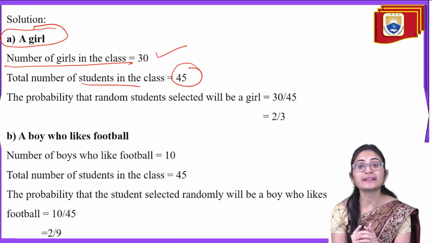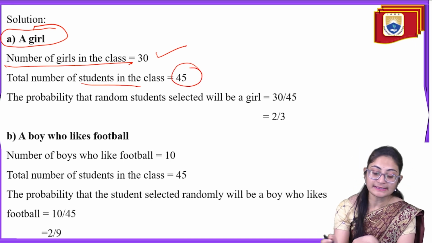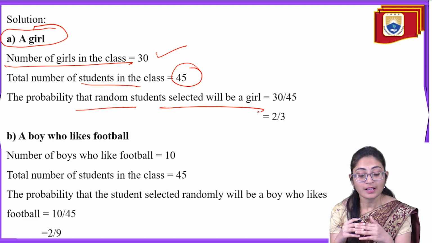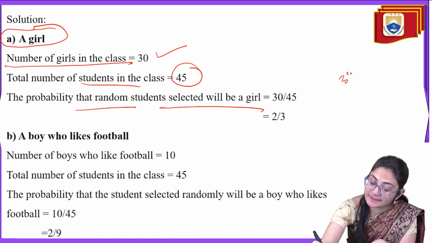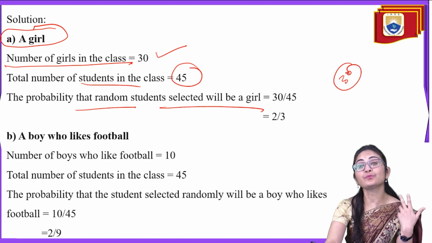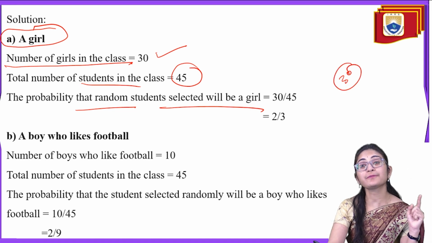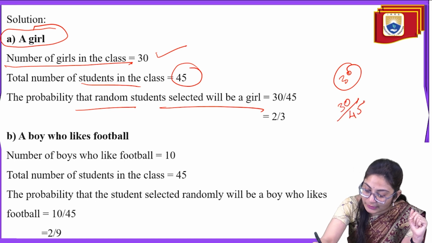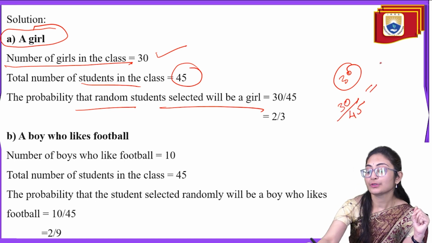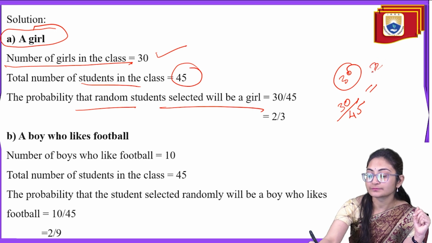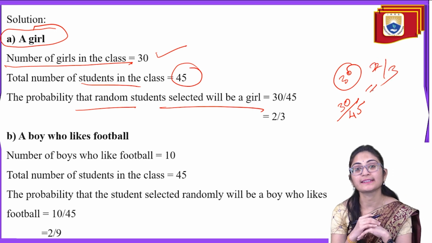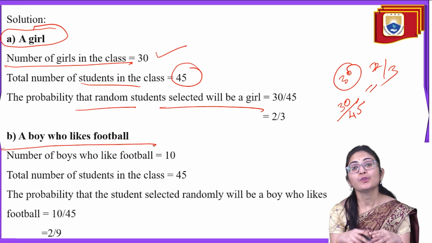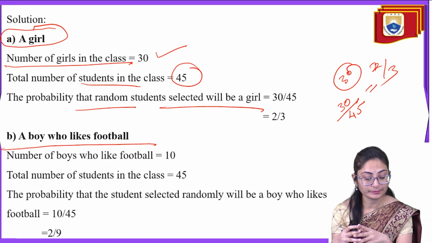We have 30 girls and we have to select from the 45 students. So 30 divided by 45 is equal to 2 by 3.